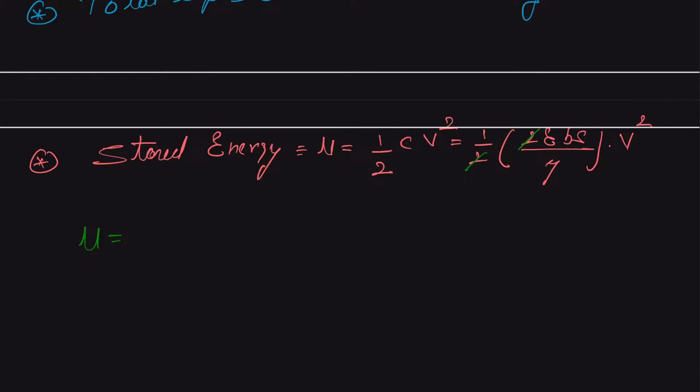So we get U is equal to epsilon naught Bs V square upon Y.